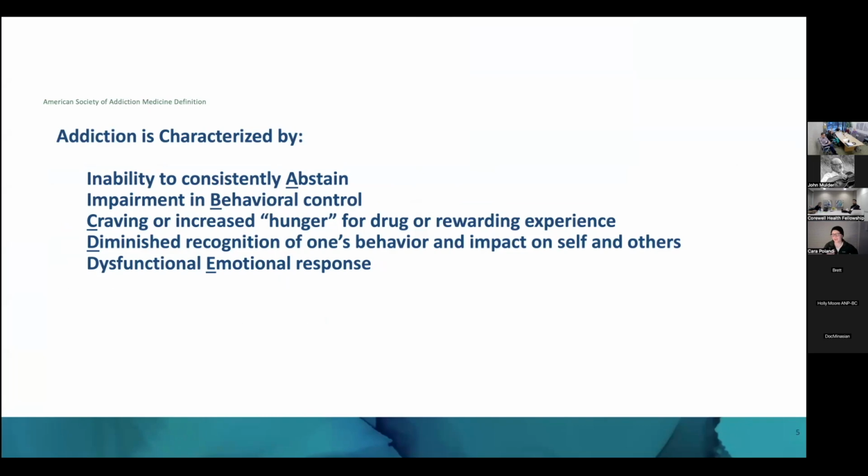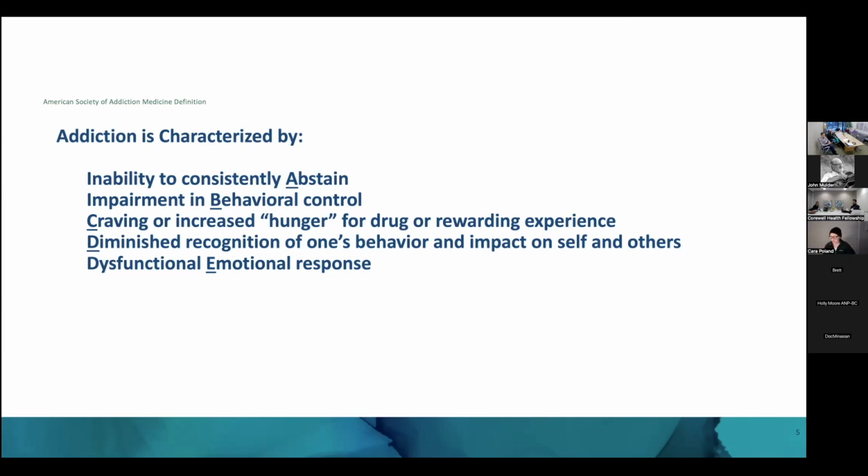I think it is easier to think of it that way than to think about cravings and all the different specific diagnostic criteria, because if you treat the diagnostic criteria like a checklist and ask the patient, do you have cravings? Do you have this? Then you don't usually get to an actually well thought out diagnosis.